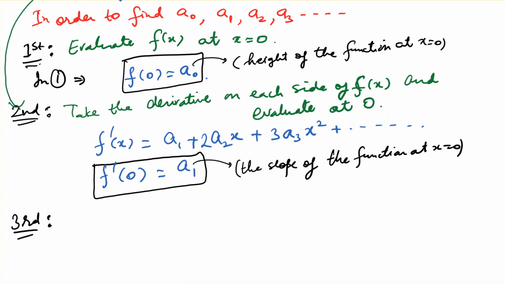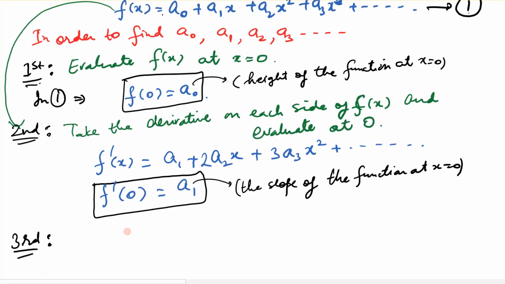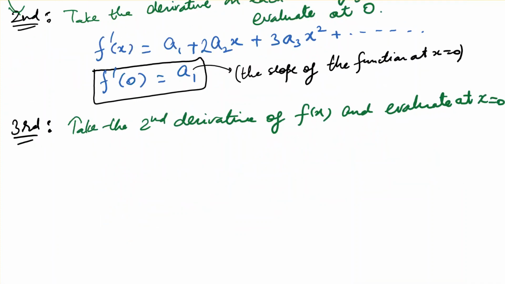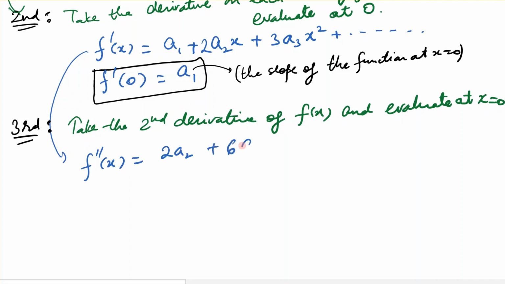Now we're going to find the value of a2. We take the second derivative of our equation 1 and evaluate that at x equal to 0. The second derivative would be: the derivative of a1 is 0, so 2a2 plus 6a3x plus so on.